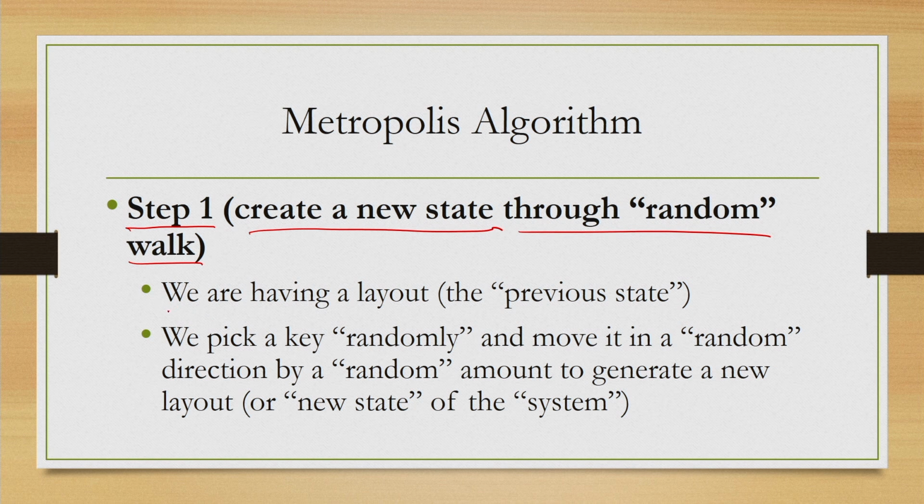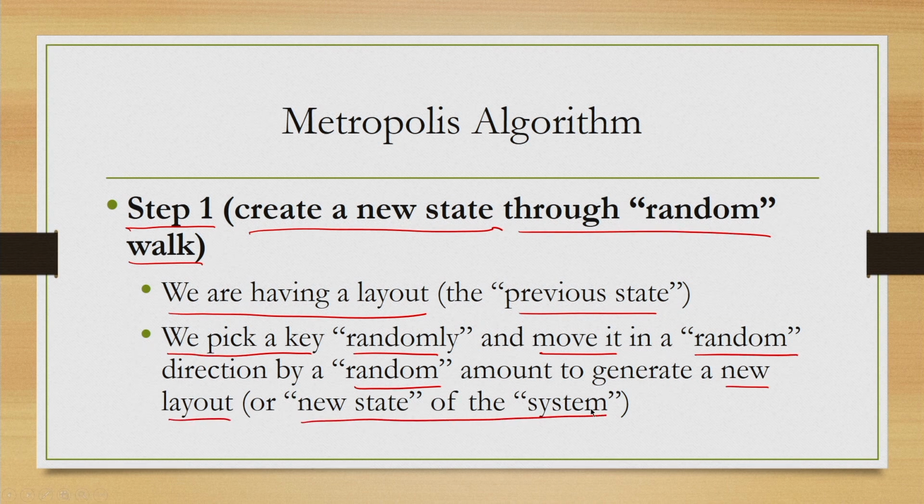We have a layout at the beginning, the previous state, and we pick a key randomly and move it in a random direction by a random amount to generate a new layout or new state of the system. So, each layout corresponds to a state. From the current layout we pick up a key randomly and move it in a random direction by a random amount to generate a new layout or a new energy state.